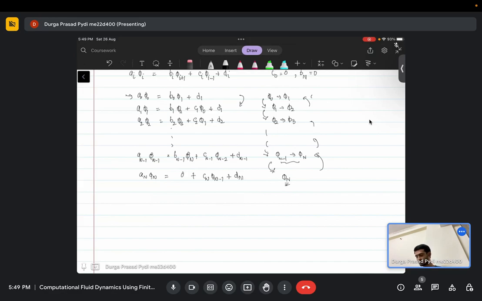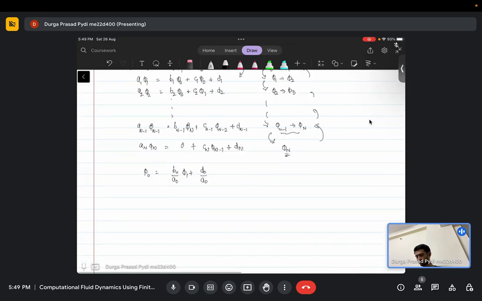Yeah, it's visible. So what we are doing in the first equation, we are essentially writing phi 0 as purely a function of phi 1. The second equation, what we are doing, we are writing phi 1 as, so you substitute this phi 0 here plus t1.